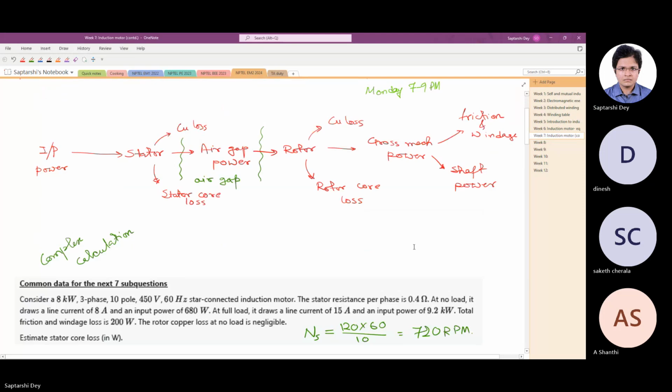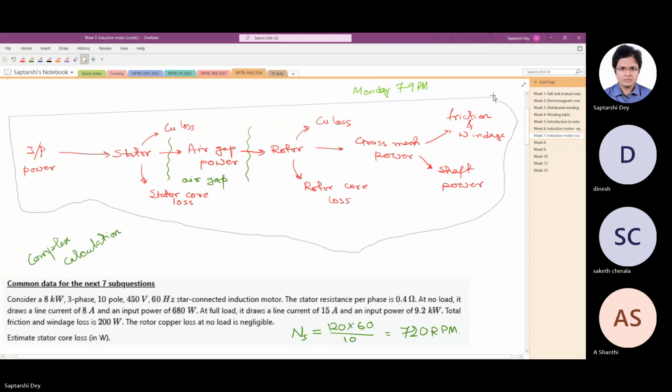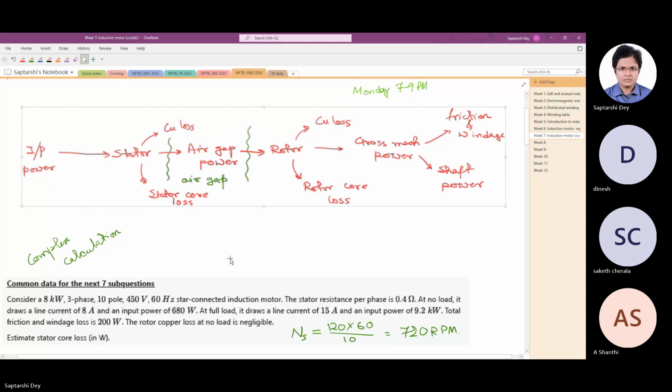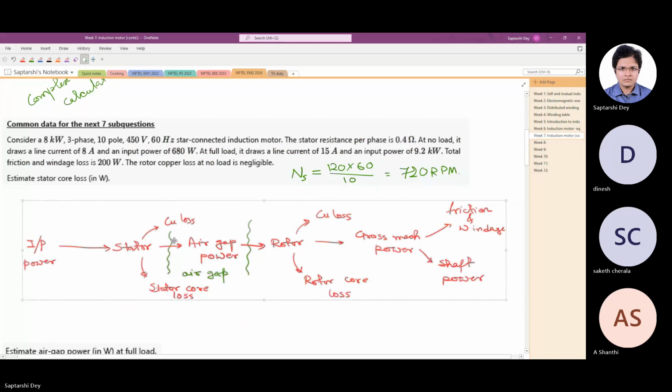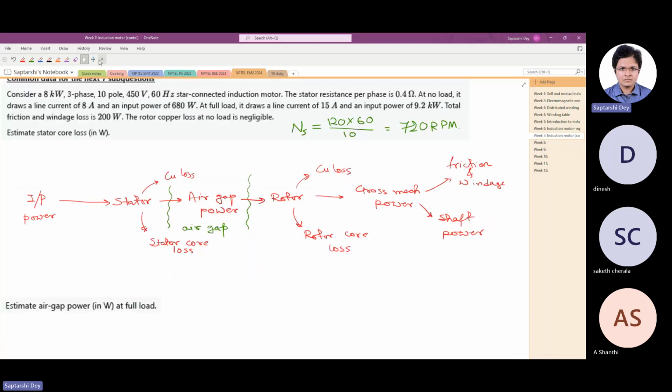Let me copy this image here. Yeah, so this is the flow of energy.